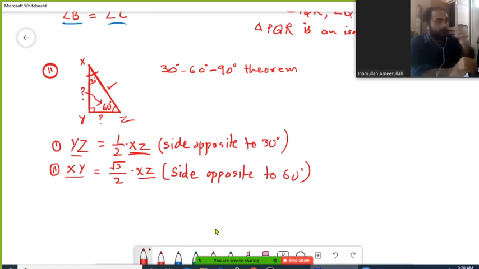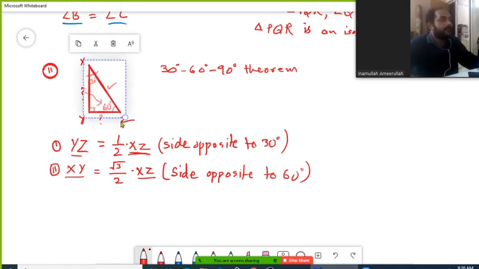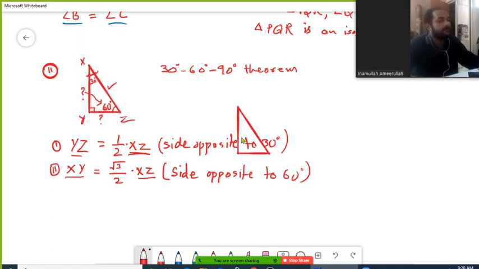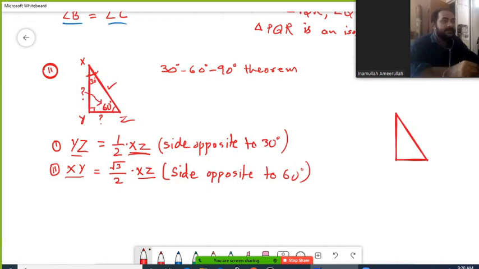Now we will understand this with the help of an example. I'll give you an example. Suppose you have a triangle which is 30, 60, 90 degree. This angle is of 90. This angle is of 30 degrees and this angle is of 60 degrees.